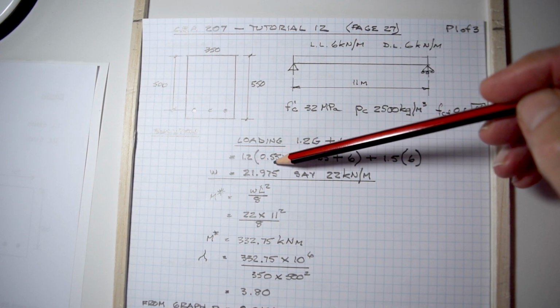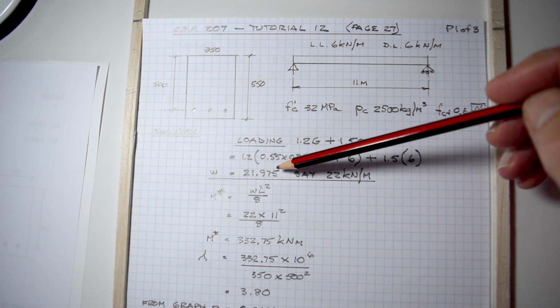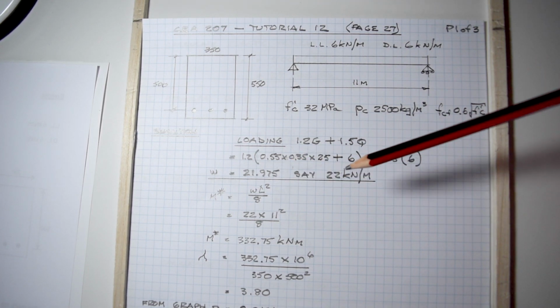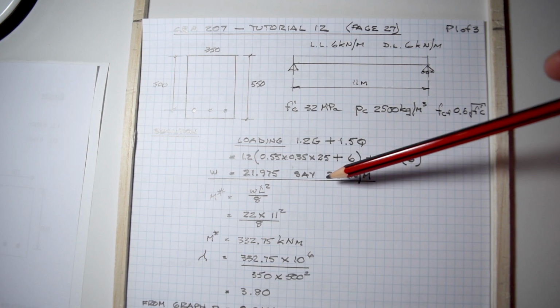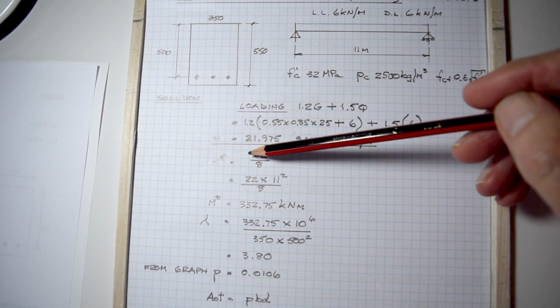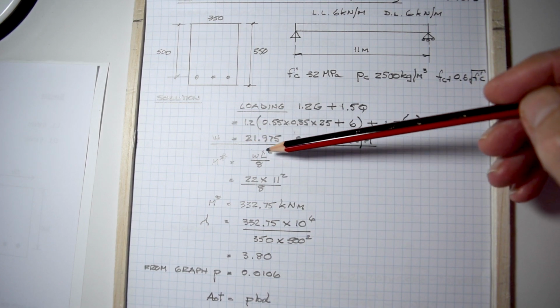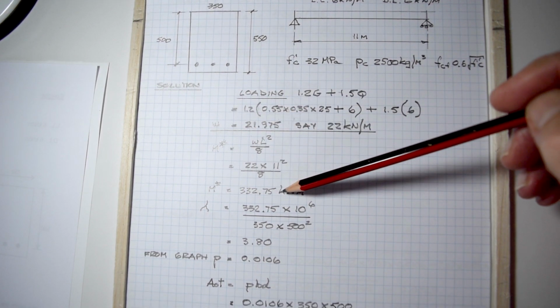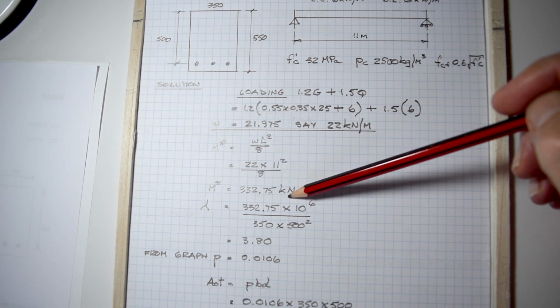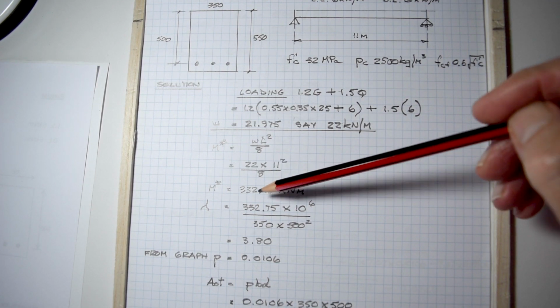Gives you a total load of 21.975 kilonewtons per meter, or rounded up, say 22 kilonewtons per meter. Very close to that. Work out your ultimate moment, WL squared over 8, and you get an ultimate moment of 332.75 kilonewton meters with that loading.